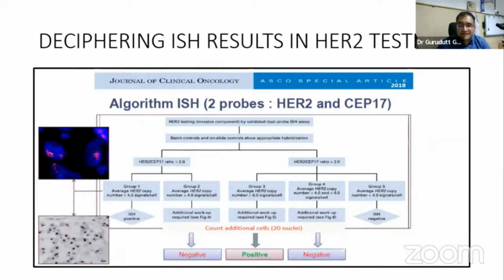So that is the change for the ASCO-CAP 2018 update. It has put IHC in the center, and whenever there is a problem with FISH, you have to take a call by considering the IHC. So that is the change.